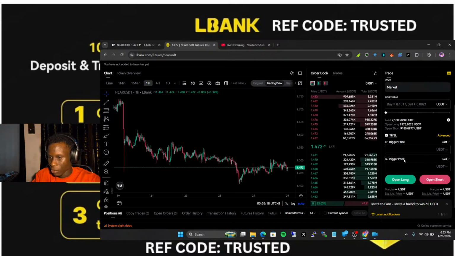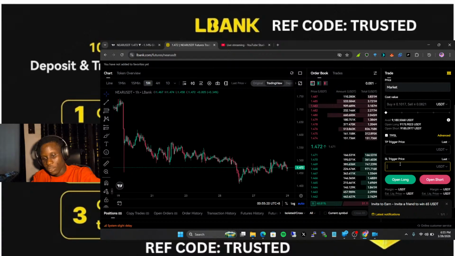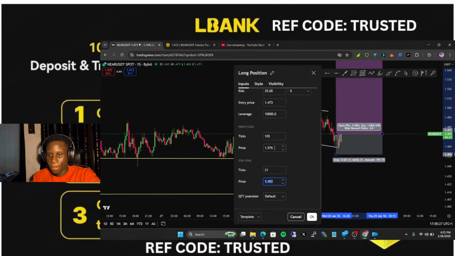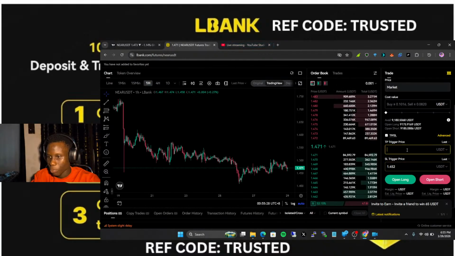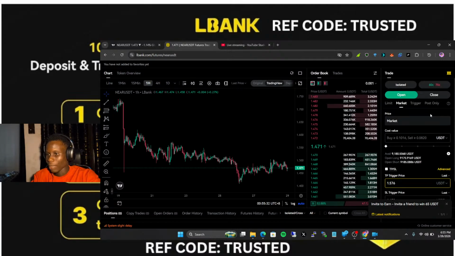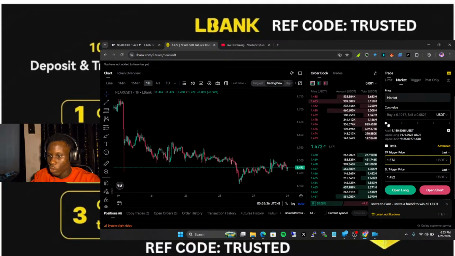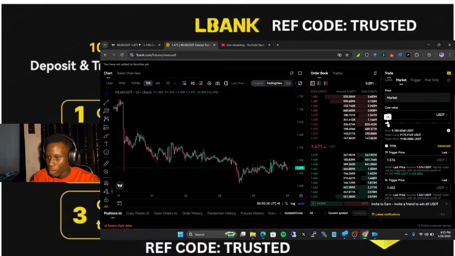So see where I'm going to put my stop loss, see where I'm going to be putting my take profit. You can see I copy those figures right there, and I'm going to be going in with 60x leverage, while I'm going to be risking $100 on this.